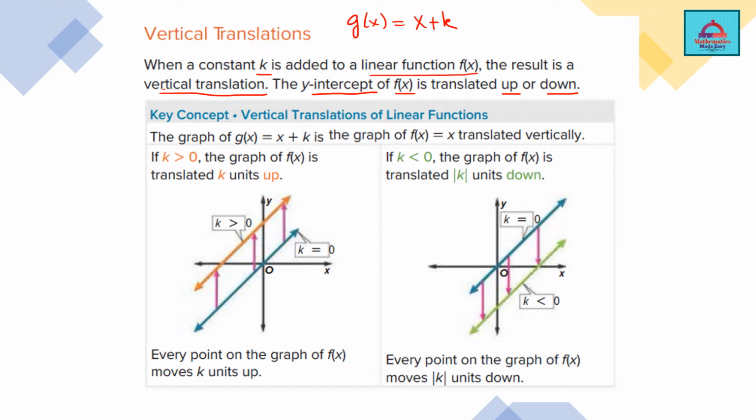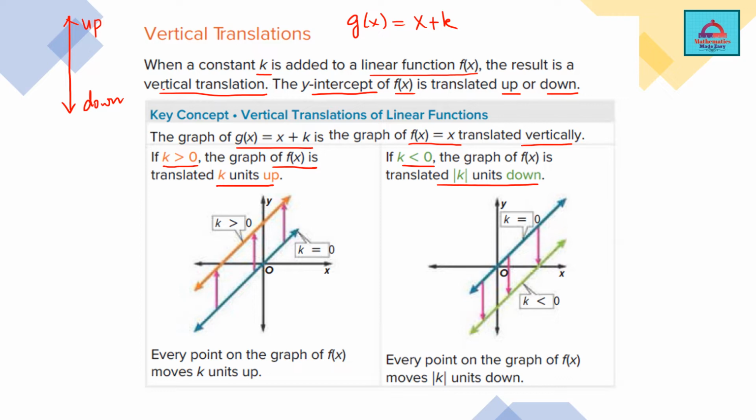Because of vertical translation, just remember the vertical axis, the y-axis. There are two directions in which you are going to move, up and down. So the graph of g(x) equal to x plus k is the graph of f(x) equal to x translated vertically. If k is positive, the graph moves up. If k is negative, the graph moves down by the absolute value of k units.